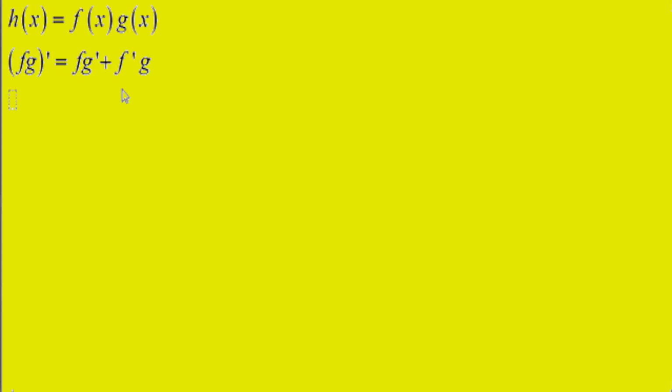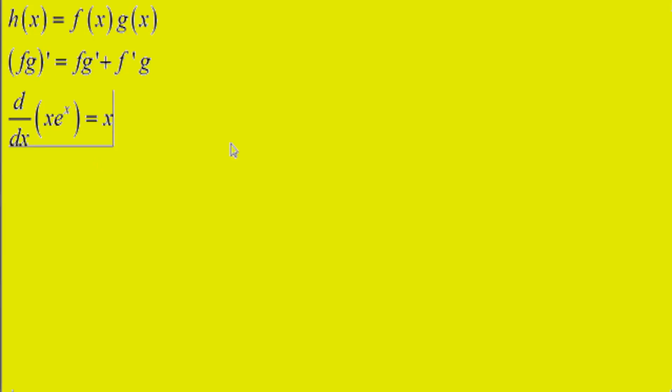So if we were to take our function we had before, x e to the x, the derivative of that, let's just write it as the good old d dx, follows this formula. It's the first times the derivative of the second.